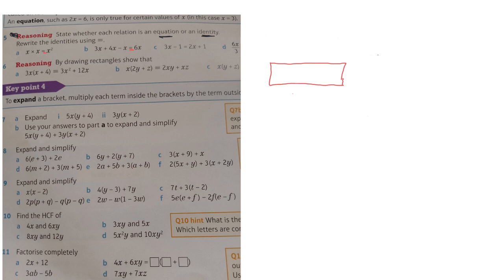So if you like, you can use any side. What we know is a rectangle is length and breadth. So which side are you taking as the length? I would say the length for me would be 3x, and the breadth would be x plus 4. So that's one way to look at it.